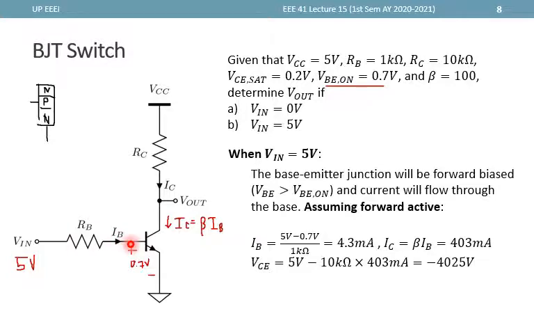So 5 minus 0.7 over 1 kilo ohms. That is 4.3 volts over 1 kilo ohms. We get 4.3 milliamps. And from this 4.3 milliamps, we multiply by 100 to get IC, and therefore get 430 milliamps for IC. So the current here is 430 milliamps.